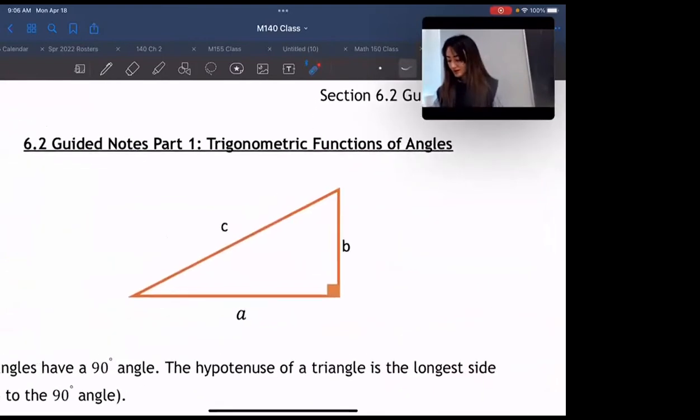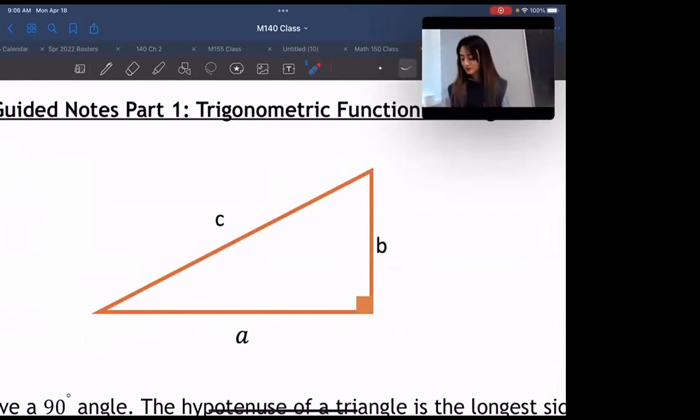Yeah. I thought that the angle that we were focusing on was the 90 degree square. Oh, no. So we're never going to focus on the 90 degree. Oh, I see what you mean. Yeah, it wouldn't really work for the 90 degree because the opposite would be the hypotenuse, right? So let's not focus on the 90 degree. Let's only focus on these two. Okay. Yeah, that's a good question.